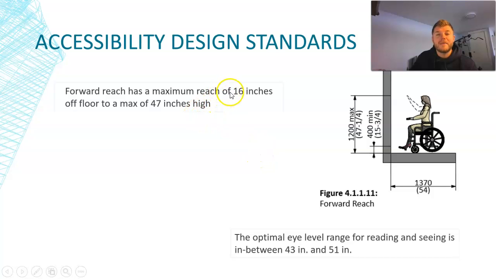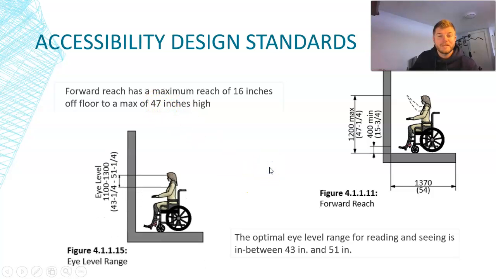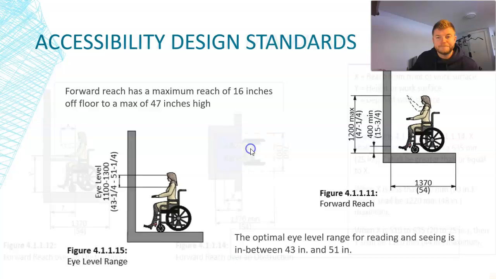You're going to have to raise it up off the ground and lower it from that 54 inches down to a max of 47. Also, the optimum eye level range for reading is between 43 and 51. So that's only a 7-inch area. So if we want to communicate to people who are immobile and in wheelchairs, this is the right place to do so.